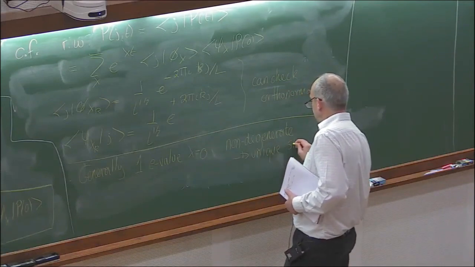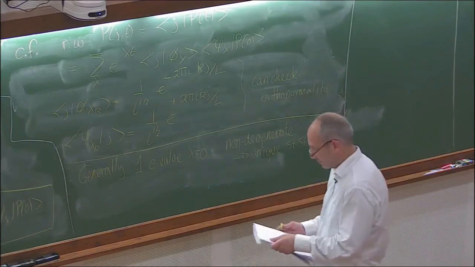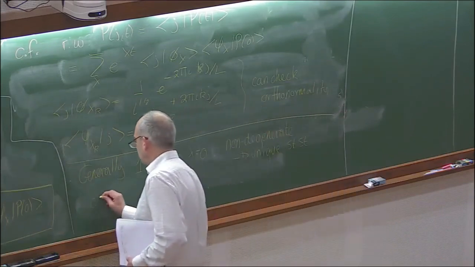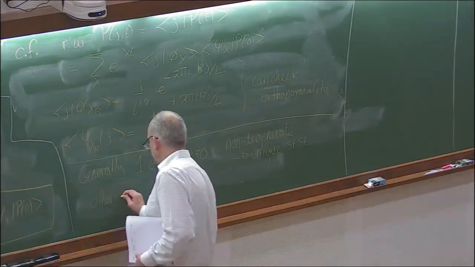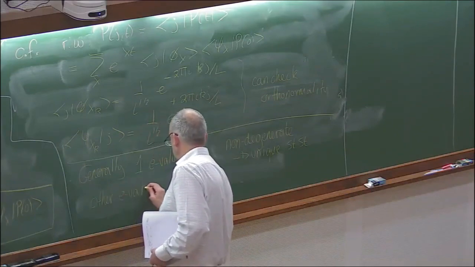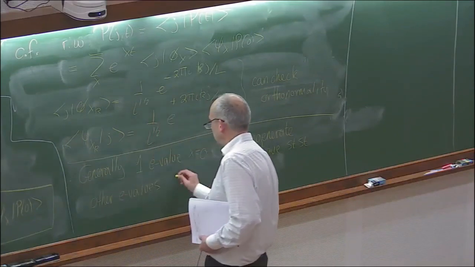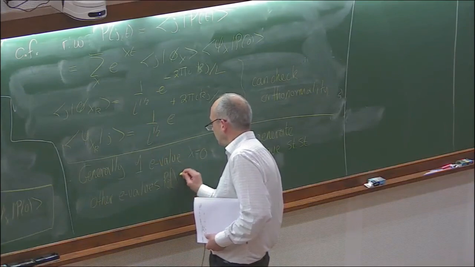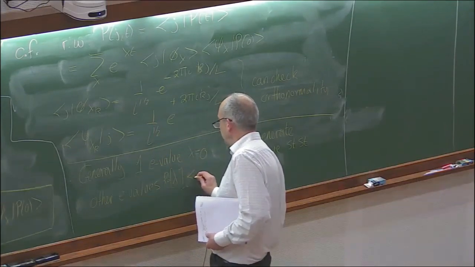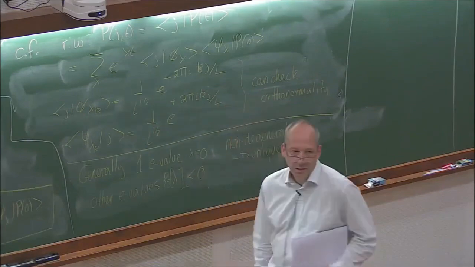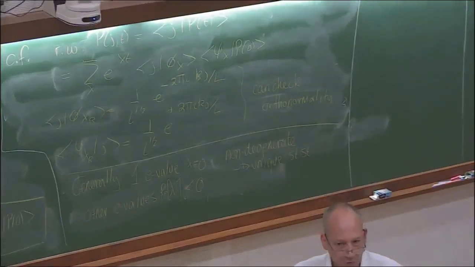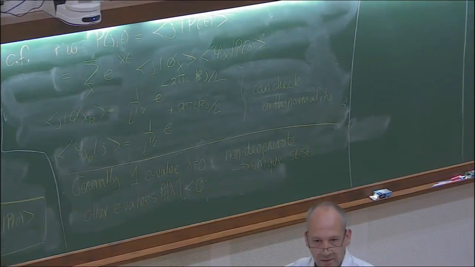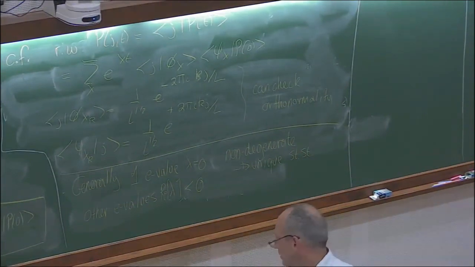So ST is my abbreviation for stationary state. Now the other eigenvalues, we have the real part of lambda is less than 0. So the other eigenmodes will decay away, and we'll be left with the stationary state at the end.